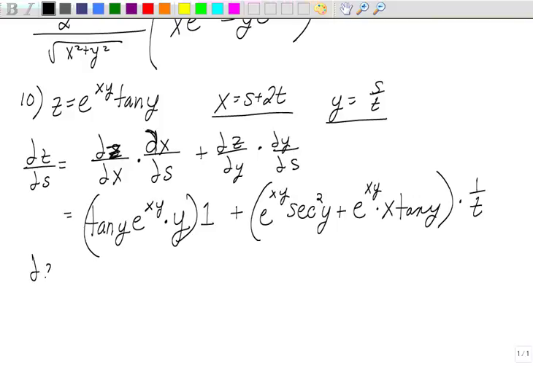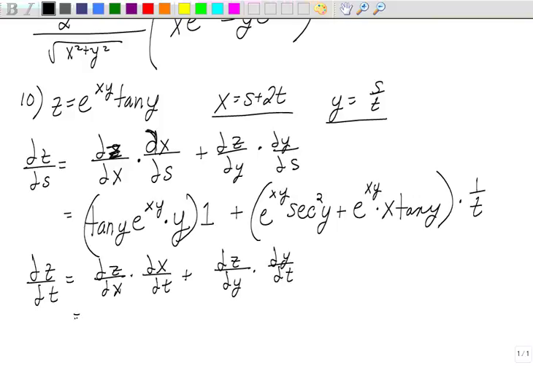Now, dz/dt is the same thing, except we do x with respect to t and y with respect to t. So the partial of z with respect to x we've already done. That's just this.